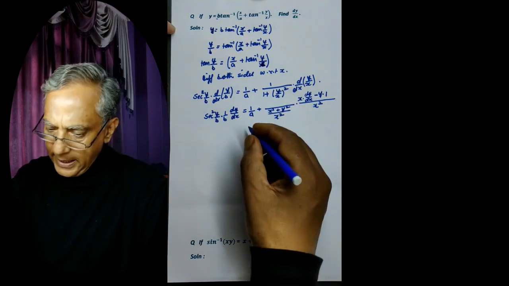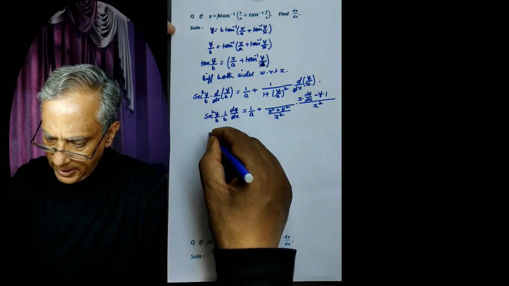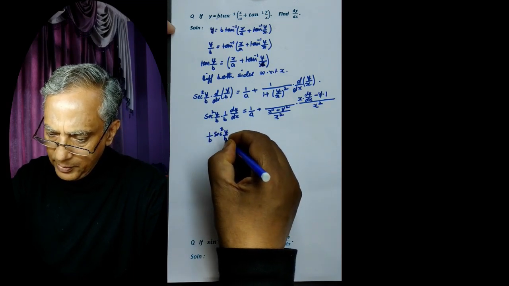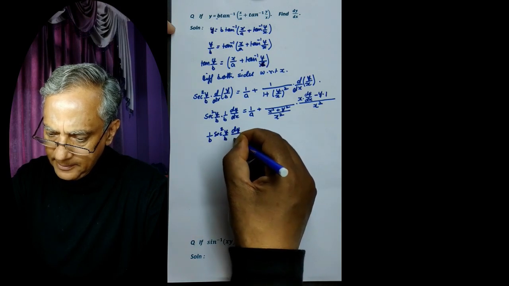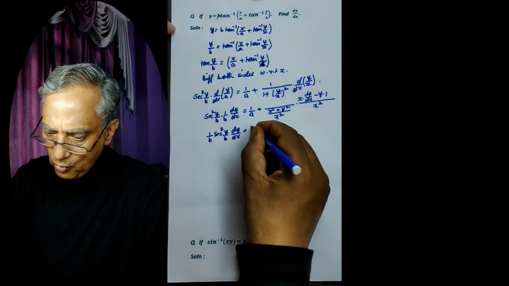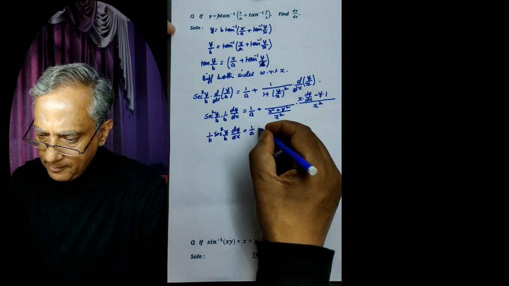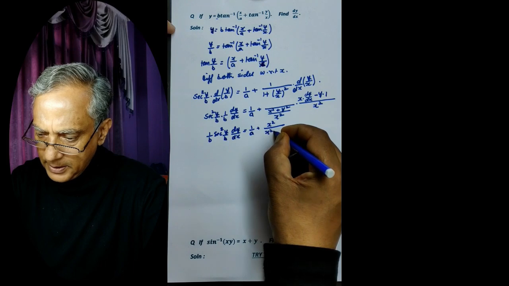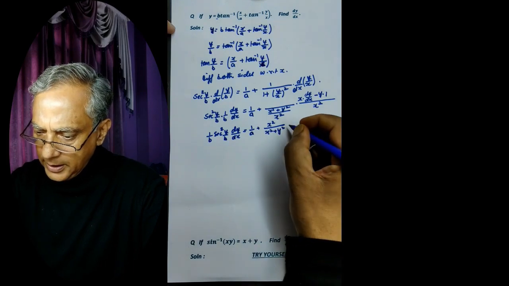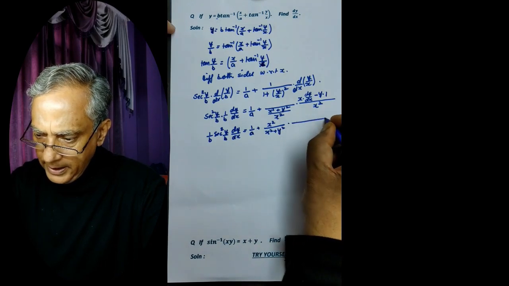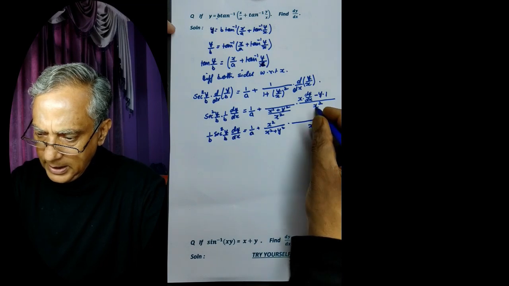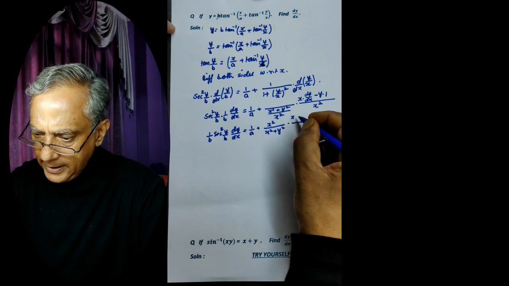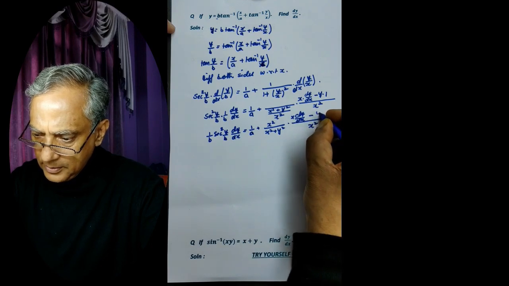So what we get is 1 by b secant square y by b into dy by dx is equal to 1 by a plus x square over x square plus y square into, and this will be x square, x into dy by dx minus y.